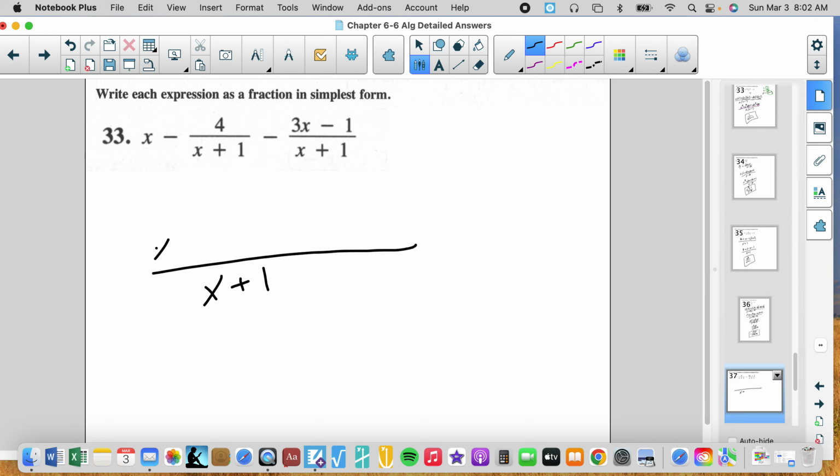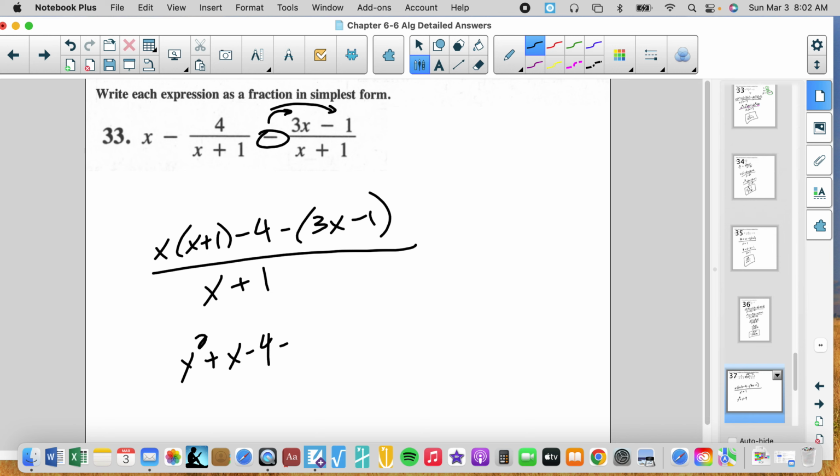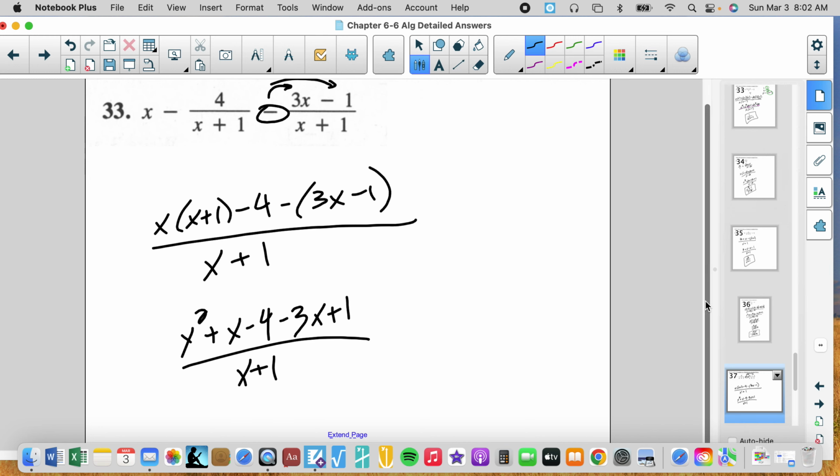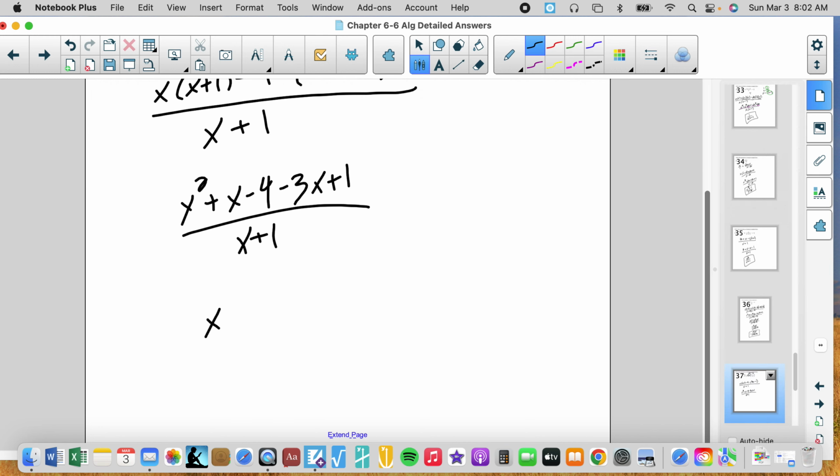x plus 1 is going to be my denominator, minus 4 minus the quantity 3x minus 1. Where they're trying to trick you, or at least test you, is with that negative. Do you remember to distribute that negative to each of those and write it properly? x squared plus x minus 4 minus 3x plus 1 all over x plus 1. x squared minus 2x minus 3 over x plus 1.